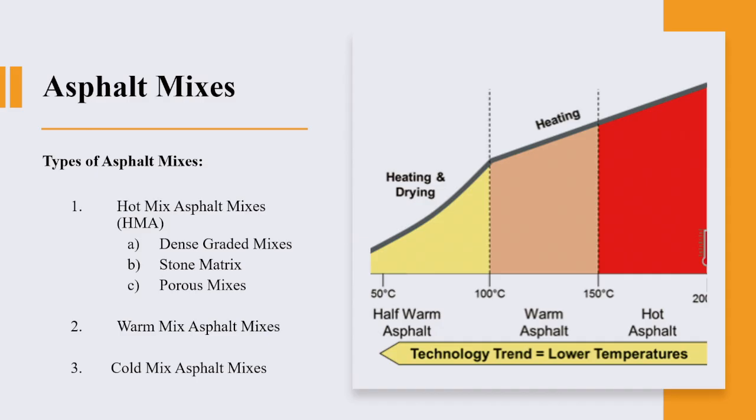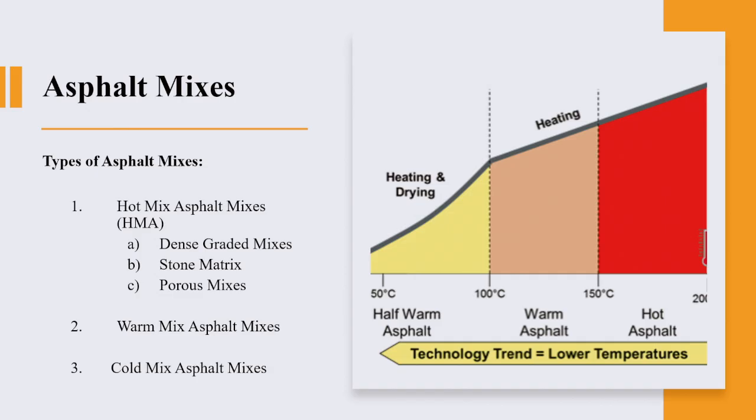So here, these are the temperatures used for hot and warm mix asphalt. So 150 Celsius and above, or 100 to 150. Normally, for hot mix, we're talking about 160, maybe 170 for hot mix asphalt, and about 110 or 115 Celsius for the warm mix.